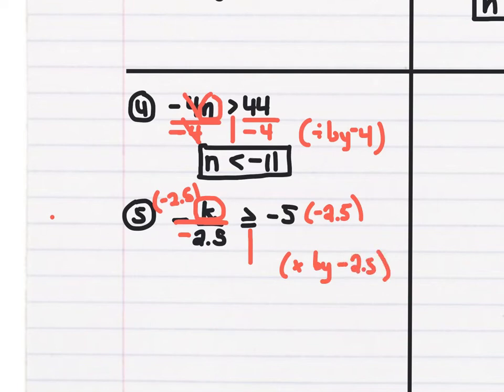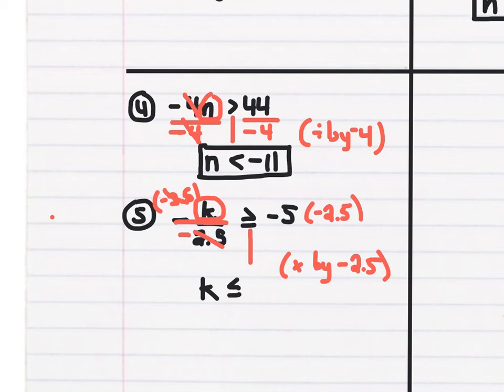Okay. And then on the left side, you're going to cross cancel the two -2.5s, and it's going to bring down the k. And because we're multiplying both sides by a -2.5, we are also going to reverse the inequality. So instead of greater than or equal to, it's going to be is less than or equal to.